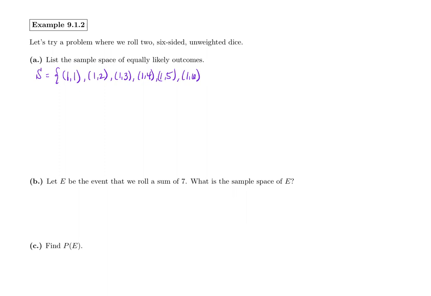Ooh, that's a lot. Now we can repeat this with 2, 3, 4, 5, 6, all the way out to 6, 6. So I'm going to ask you to take a moment to pause here and finish it out, and then come back and we will have it loaded in.